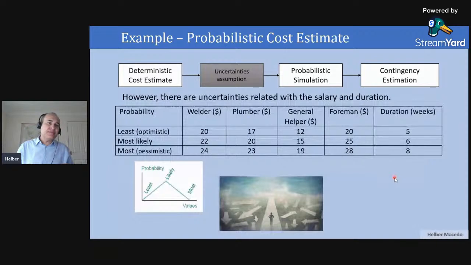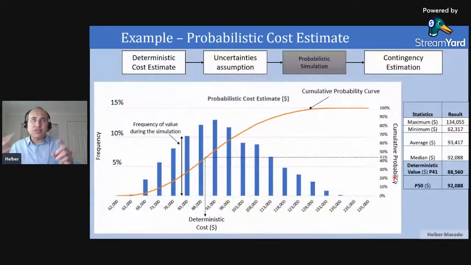Here, looking at this orange curve, where I'm including all the results up to 100%, I can see that my deterministic cost is at the P51. So it's saying that for 51% of the simulations, my money is enough to execute my project.